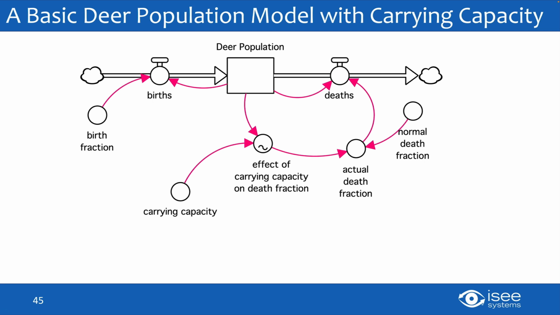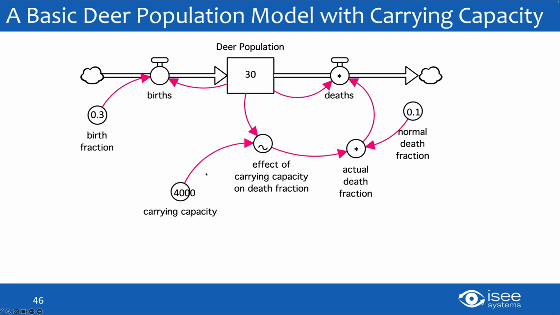This value is calculated as the product of the normal death fraction times the y value that is sent out of the graphical converter, which is growing larger as the population is growing larger, hence increasing the actual death fraction over time.